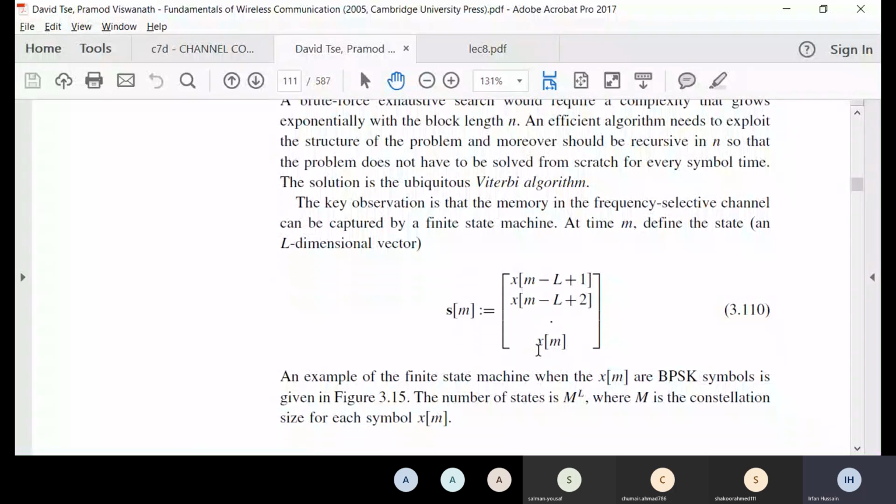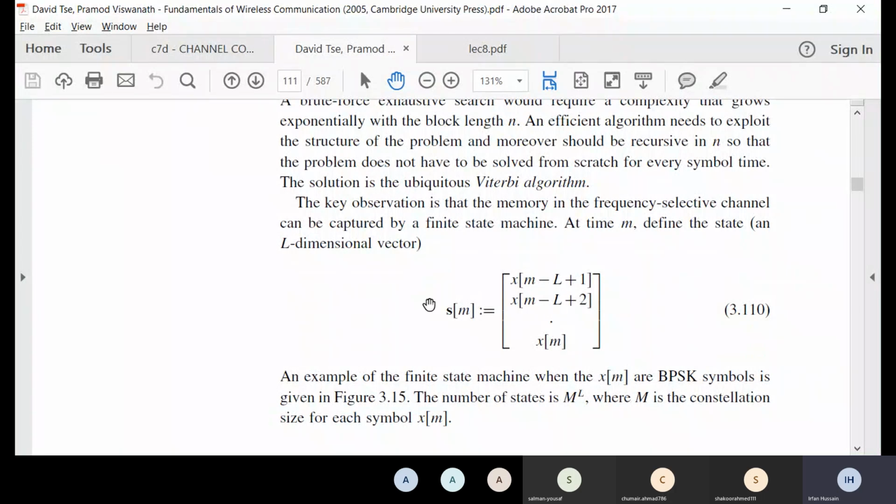For example, if I say I am sending BPSK symbols and I say that L is equal to 2, then L minus 1 becomes 1, so the state will be x of m minus 1 and x of m.